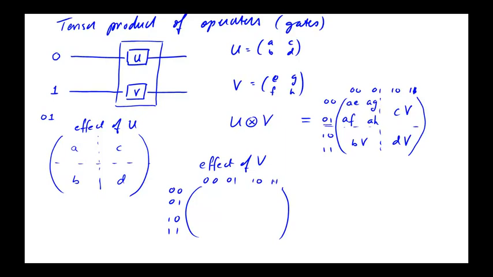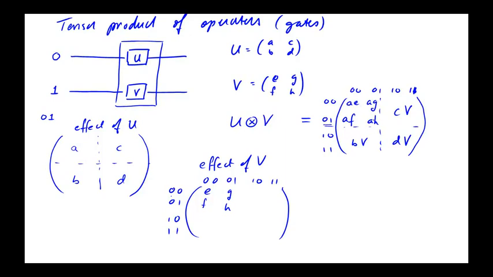Which means that you're going from 0 to 0 with amplitude E, F, G, H. And then, of course, it has to be scaled by whatever amplitude you go from, while the most significant bit stays as 0.